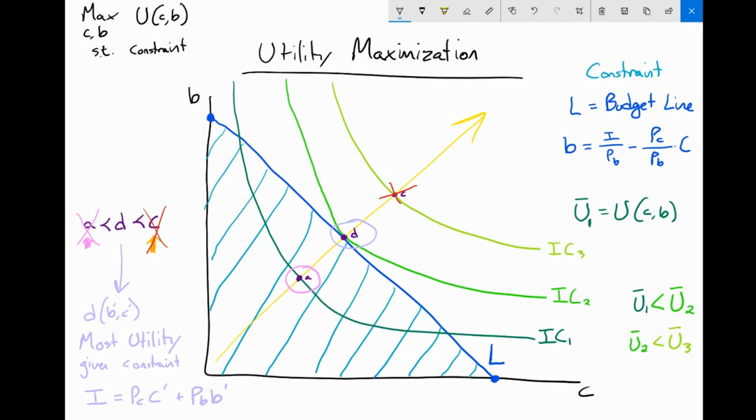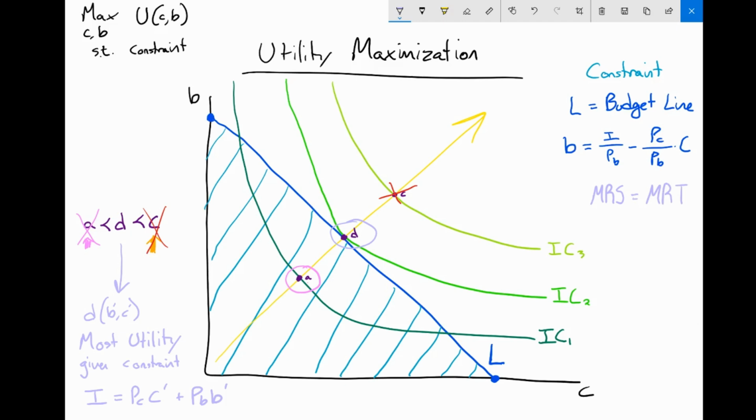Right here. Now we can notice a couple things about this point, this bundle D. Notice that at bundle D, the indifference curve and the budget line are tangent to each other. That means they just touch. That means at that point, the marginal rate of substitution, that is, the slope of the indifference curve, is equal to the marginal rate of transformation, that is, the slope of the budget line.